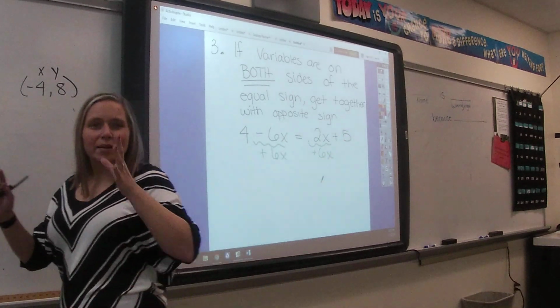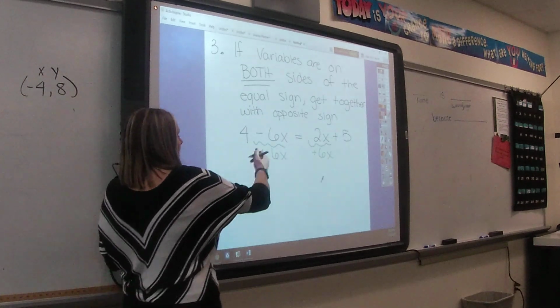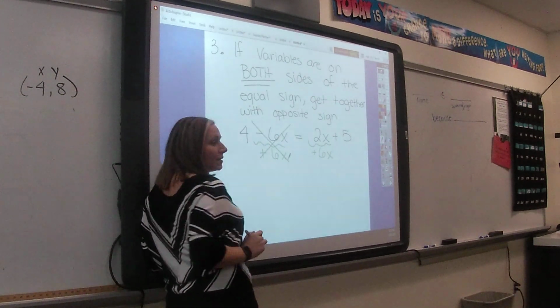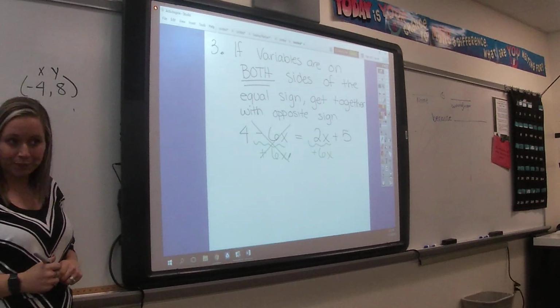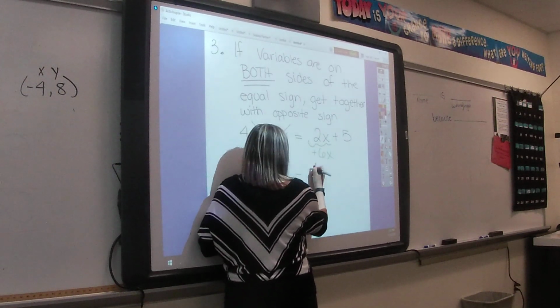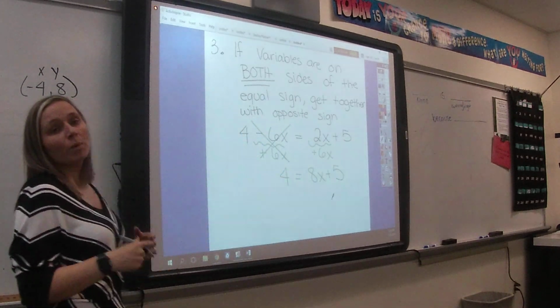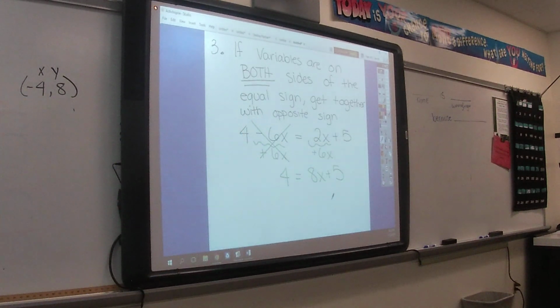It's just going to make it more messy when you're combining like terms, because our negative 6x and our positive 6x will cancel out. This will give us an 8x, and we could just finish solving from there like normal. Questions on that?